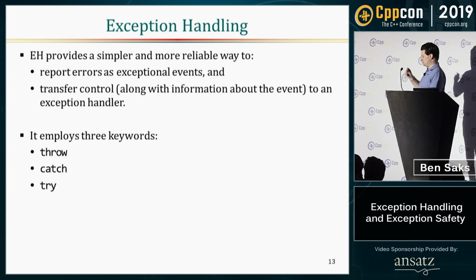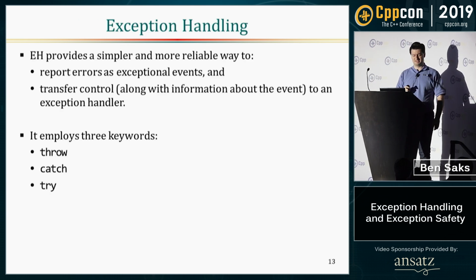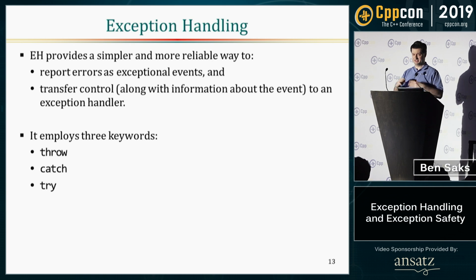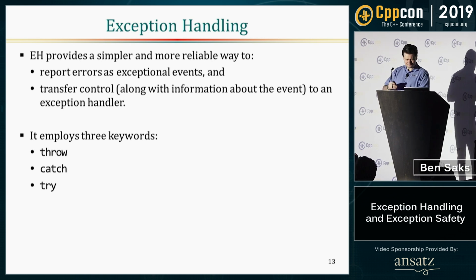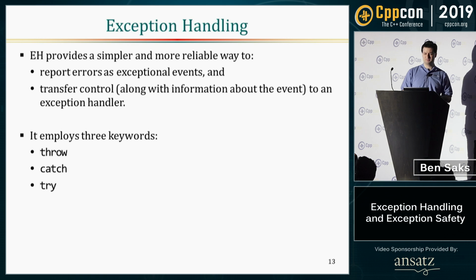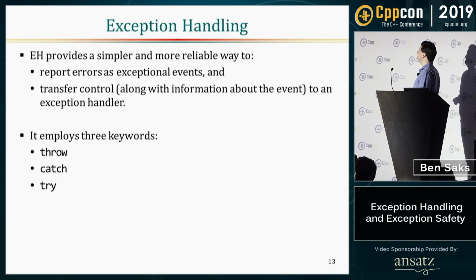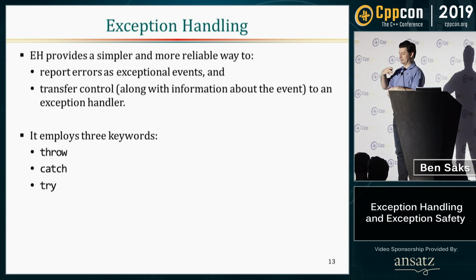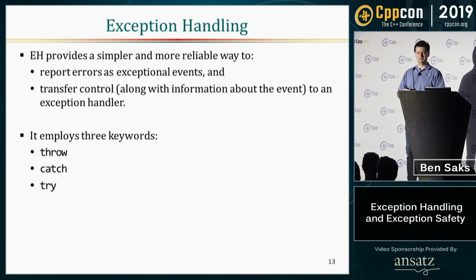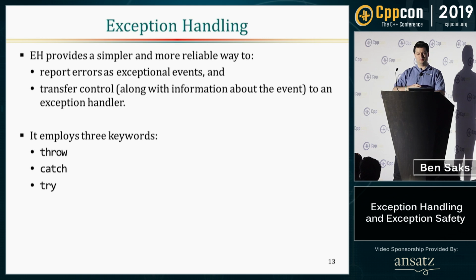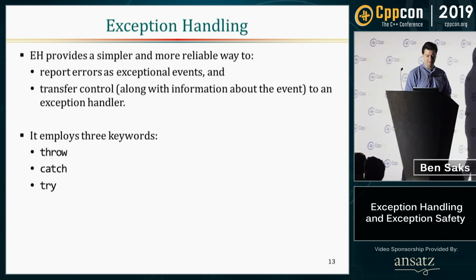So exception handling was an attempt to fix some of these problems. It's not original to C++, but introducing it into C++ was intended to help solve some of these issues. So the idea is that errors are treated as exceptional events that are handled out of band, not exactly within the normal control flow of the program.